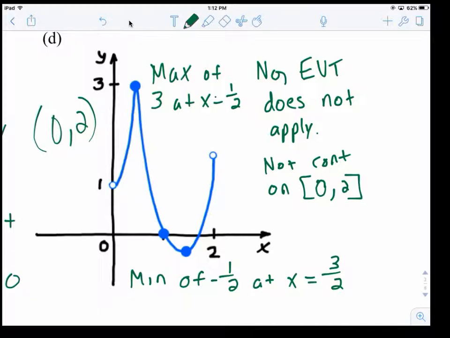I think if that were the case, you'd have to check the endpoints. You'd have to make sure that it would be continuous on the closed interval, and if it's continuous on that, then it's obviously going to be continuous on the open one. So even though they're only asking for the open interval, you might have to check the closed interval.